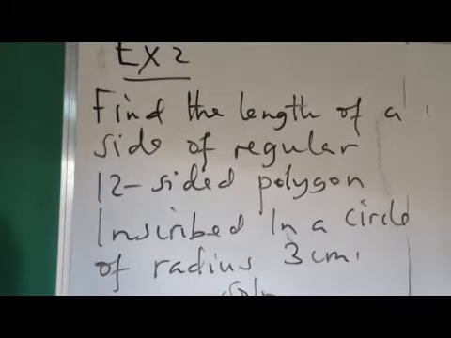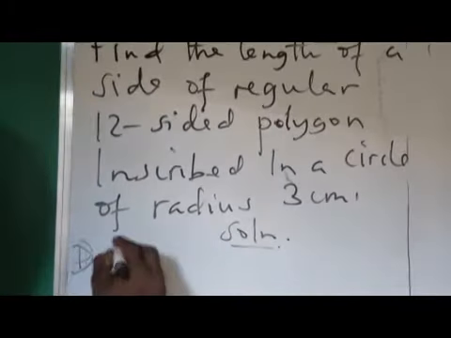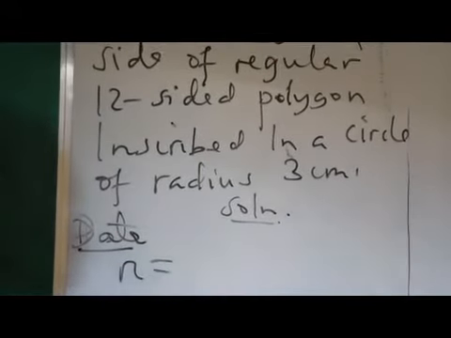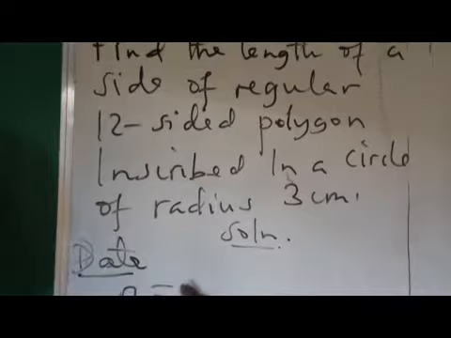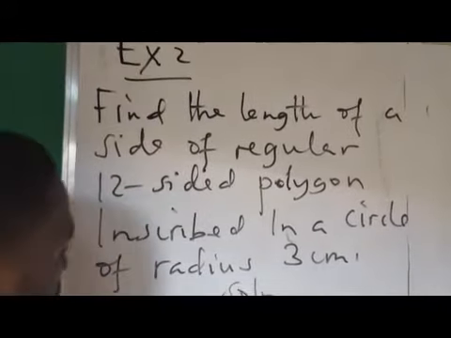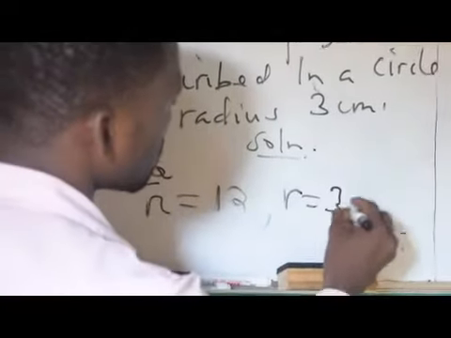So you collect your data. You find that the number of sides of the regular polygon is 12 sides, and the radius is equal to 3 cm.